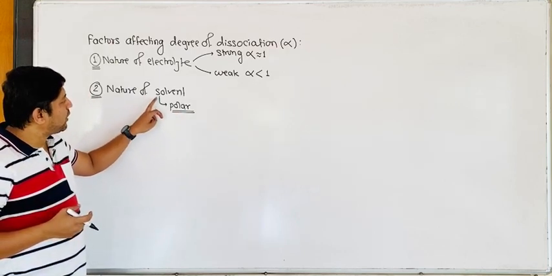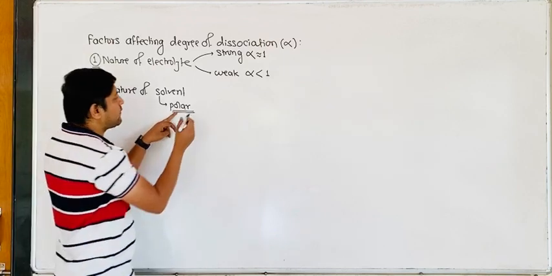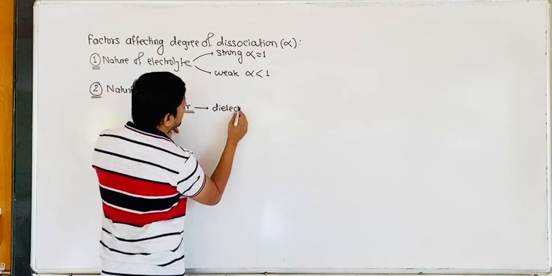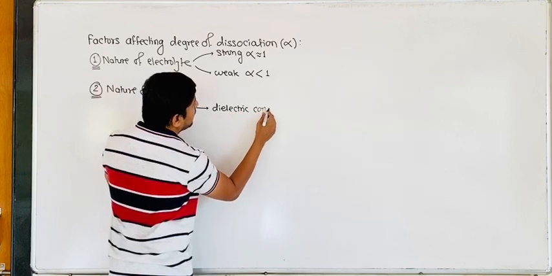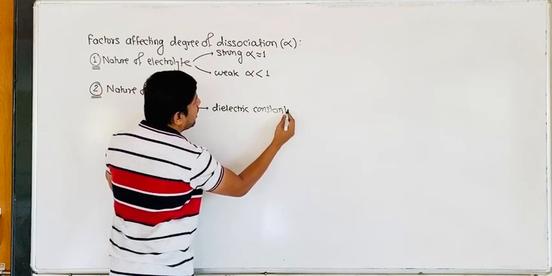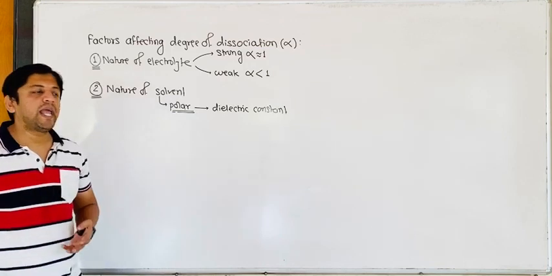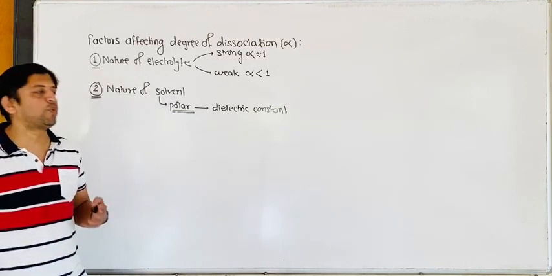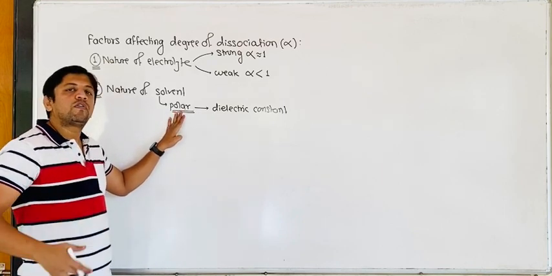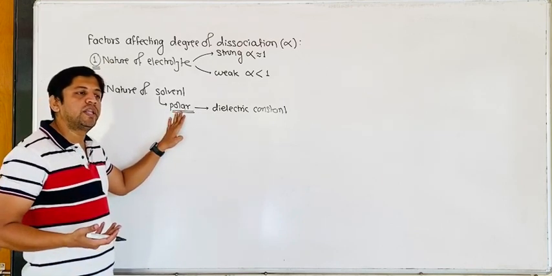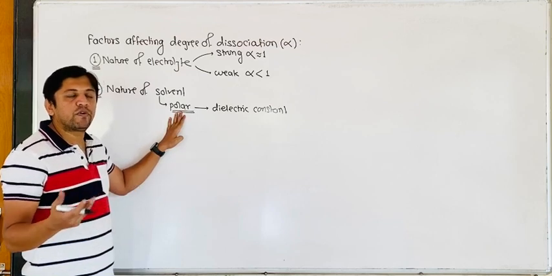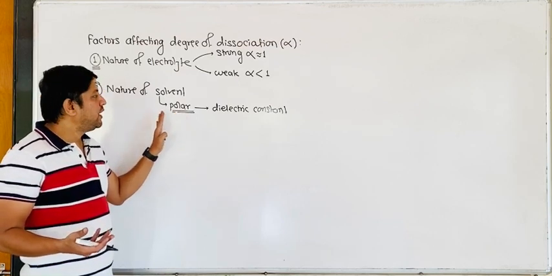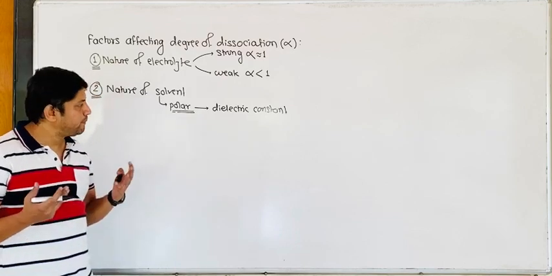Dissociation of an electrolyte in a polar solvent depends on the dielectric constant of that polar solvent. The dielectric constant of a polar solvent represents its polarity, how polar that solvent is. If the solvent is more polar, dissociation is more favored. If the solvent is less polar, dissociation is less favored.